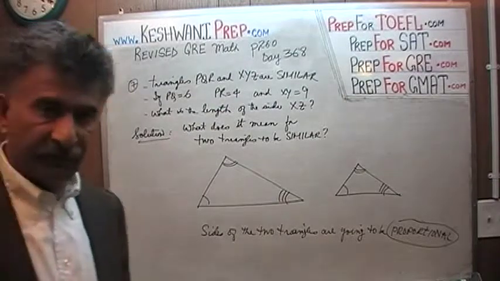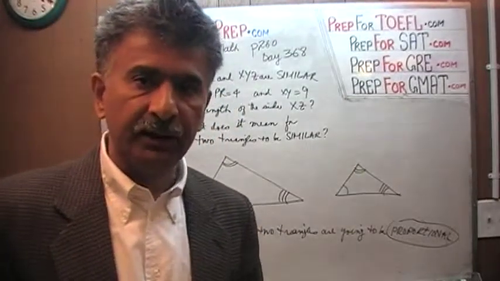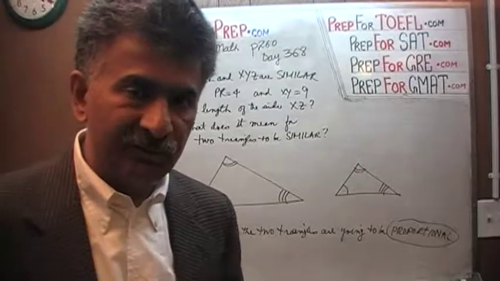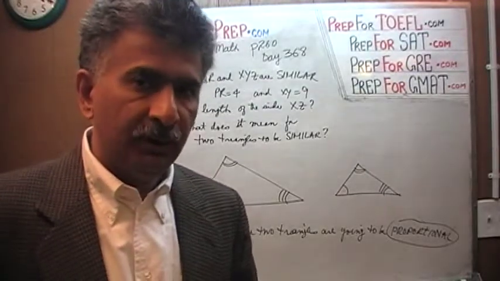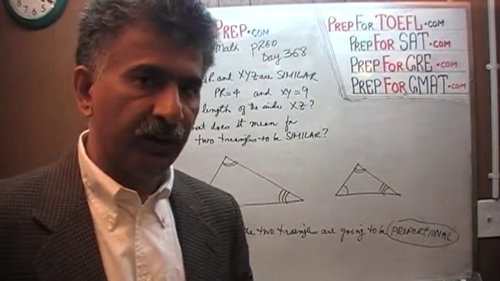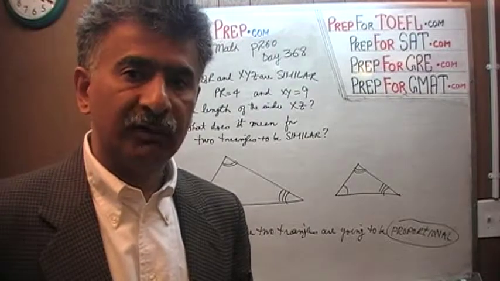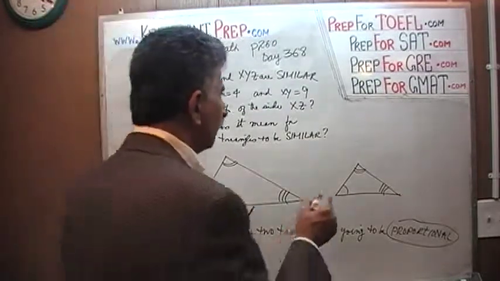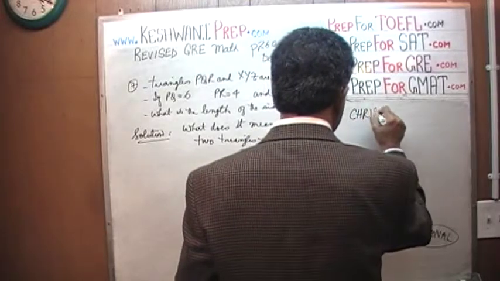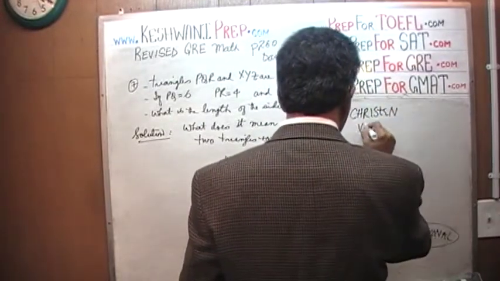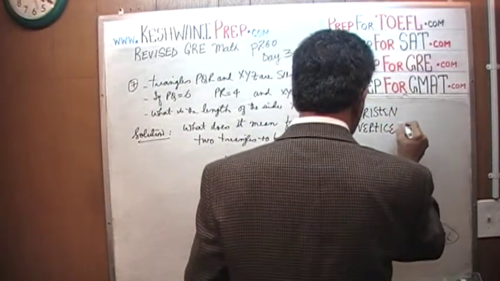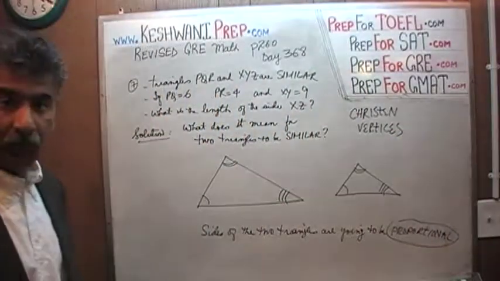Now, another thing that we must understand here is that there are certain conventions, certain rules that we must obey when we are naming our vertices. Vertices, of course, is the plural of vertex.